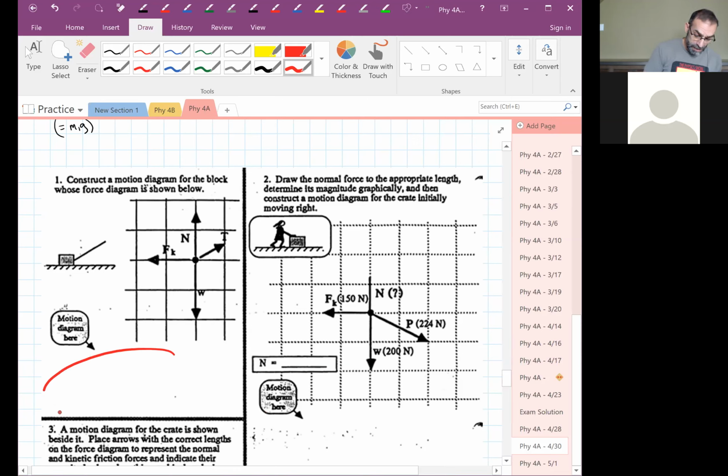So here you're going to draw your motion diagram. Remember motion diagrams? Motion diagrams are those dots, like a strobe light going off. Where is the object here? Where is it next? And those dots are placed at equal time intervals.